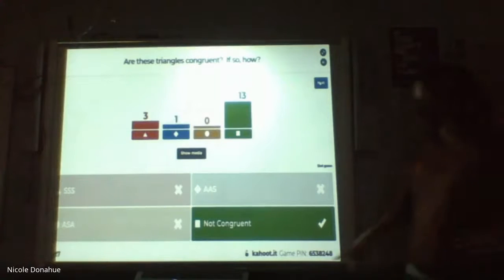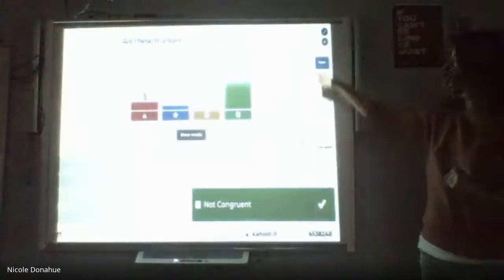All right, so this one, they only have two sides labeled. They don't have any other angles, any other sides. Sorry to those of you online, I'm realizing this is really hard to see, so you probably can't see it.